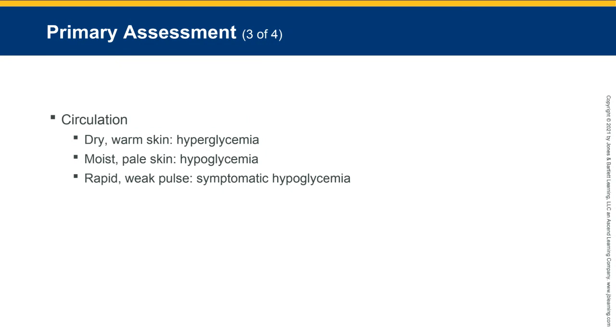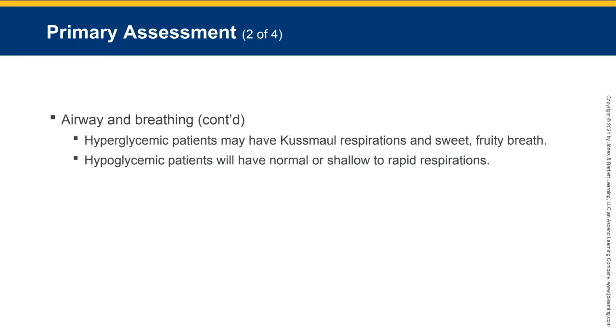Now, for circulation, let me backtrack a bit. When it comes to your breathing assessment, we should know this at this stage. We're looking at ventilation, we're looking at oxygenation, and we're looking at respiration. So you need to determine where the problem is. I'll use hypoglycemia as an example.